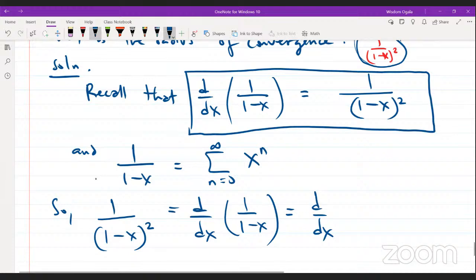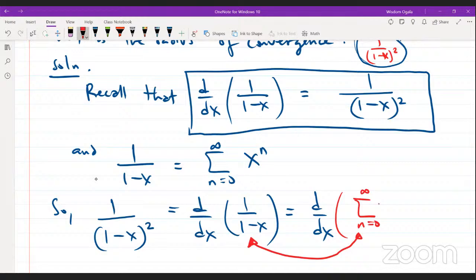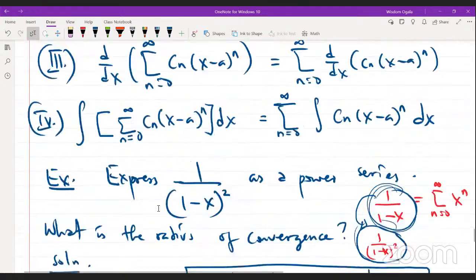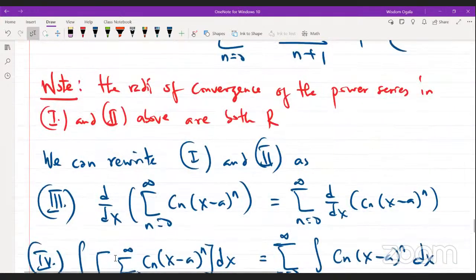Now let me use the red pen. This guy has a representation, and I'm going to write the representation here. So pretty much we are going from the known to the unknown. Let's go back to number 3. Number 3 says your d dx can apply to what is on the inside.